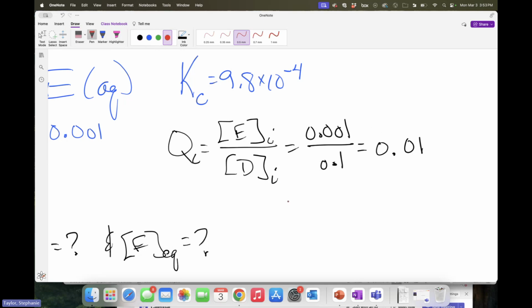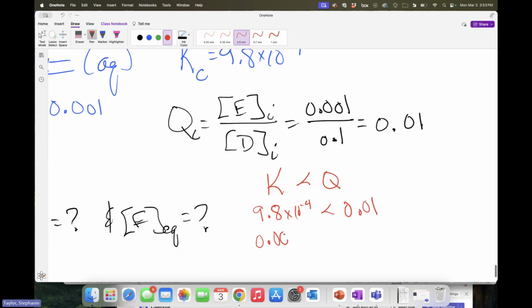So now I have a K value and I have a Q value. My K value is 9.8 times 10 to the -4. My Q value is 0.01. That K value, again, writing it out without the exponent, is still less than Q. Because my K value is less than Q, I'm going to assume that this is going to go back towards the reactants. I know that for a couple of different reasons.